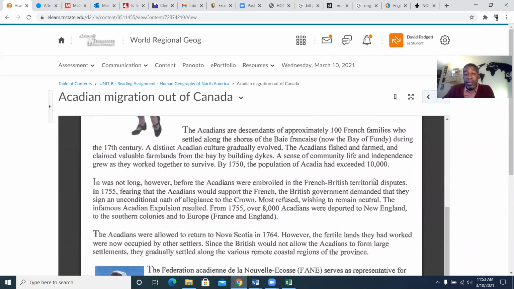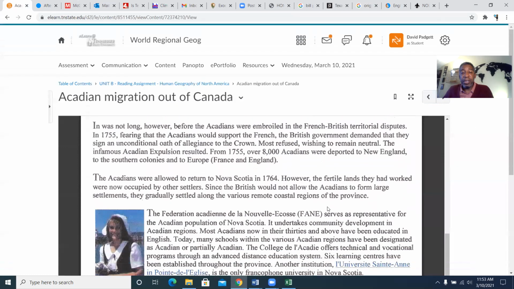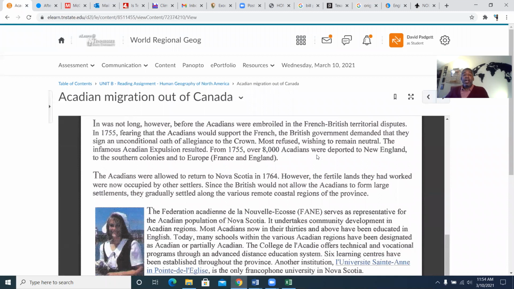It really came to a head during the Acadian expulsion of 1755. And so what happened was the Anglos kicked French-speaking Canadians out of Canada. So where did they go?